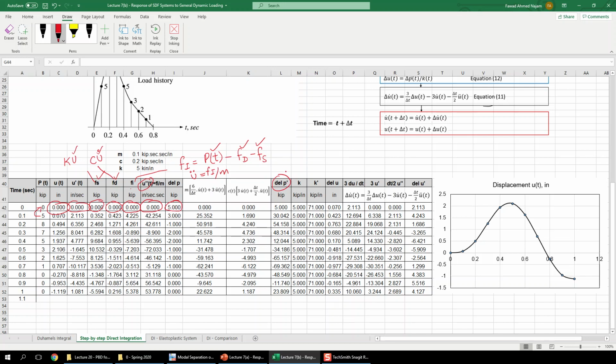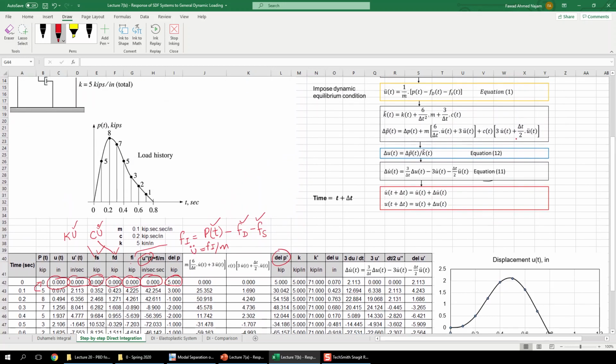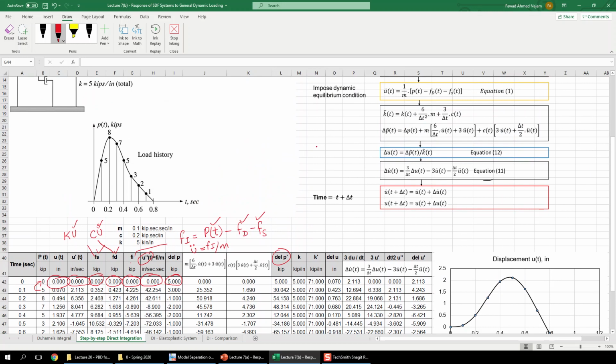If you go up and see what delta p prime is, this whole thing, you need to know delta p of t, and then all of these values: delta t, m, u dot for that instant, u double dot for that instant, c of t, u dot for that instant, delta t, u double dot for that instant. So all of these values are now known for this time instant.